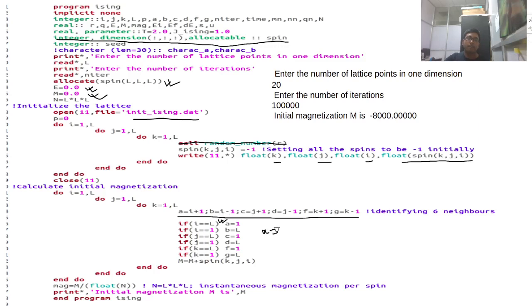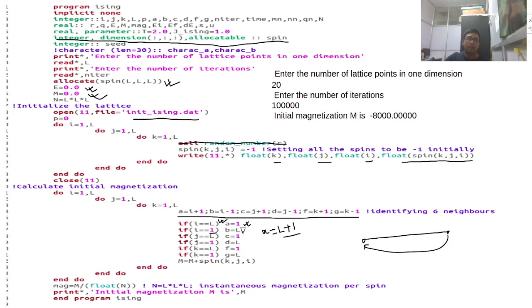But in the i direction you have only L lattice sites, so L plus 1 will not count. In that case a will be taken as 1. That means your first termination point will be the nearest neighbor of the last one. This is the algorithm for creating the periodic boundary condition. And likewise, if you have i equals 1, right?